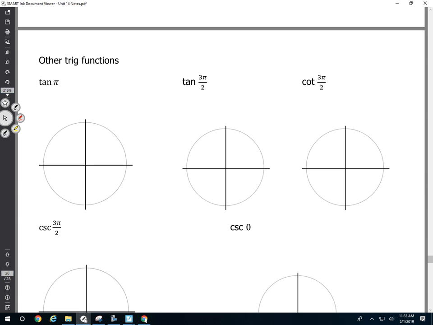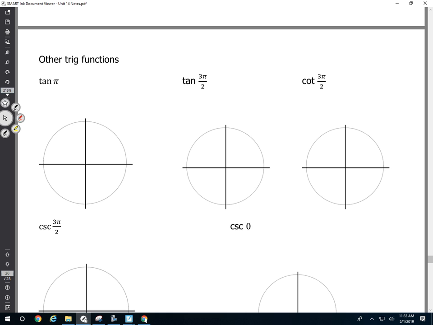What's the tangent of pi? Tangent is opposite over adjacent. Well, instead of opposite over adjacent, because it's tough with these triangles, I'm thinking vertical over horizontal. What's the tangent of pi? Figure it out. Discuss with your neighbors.